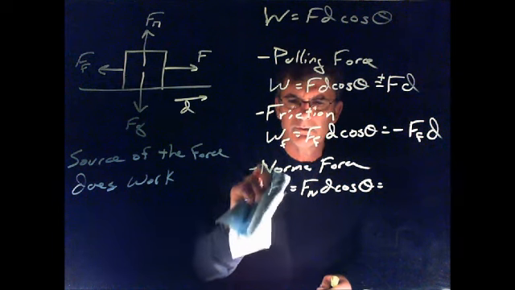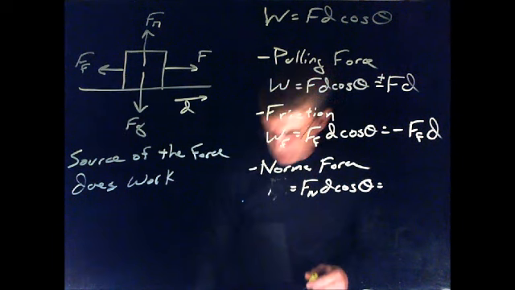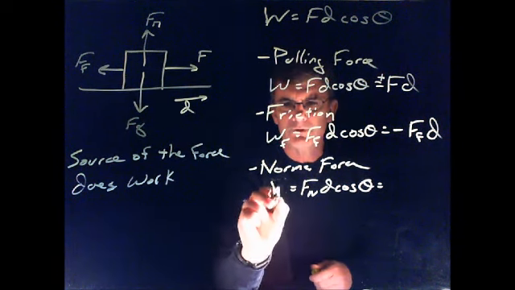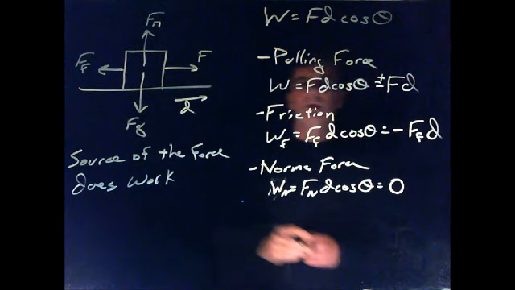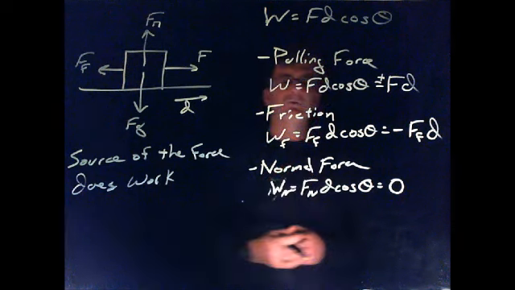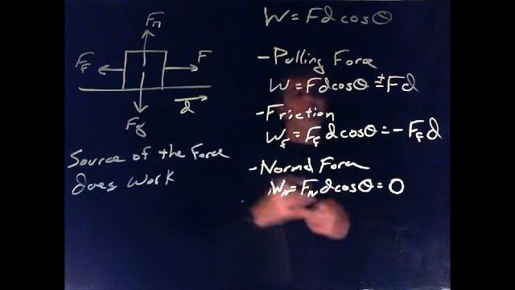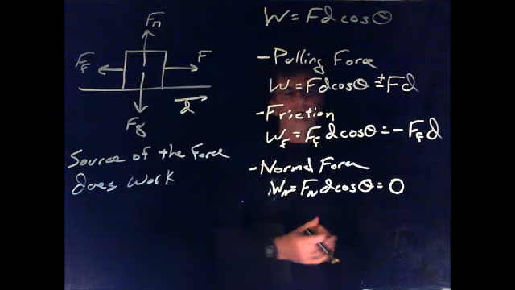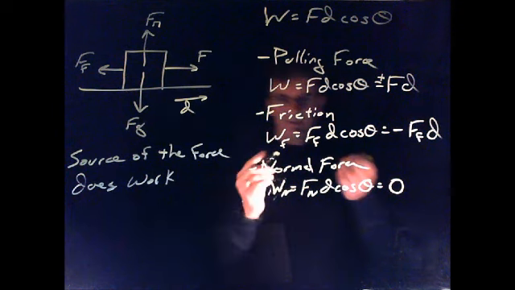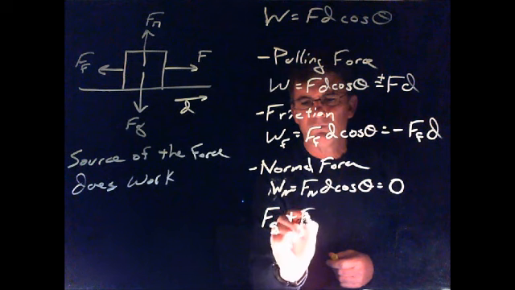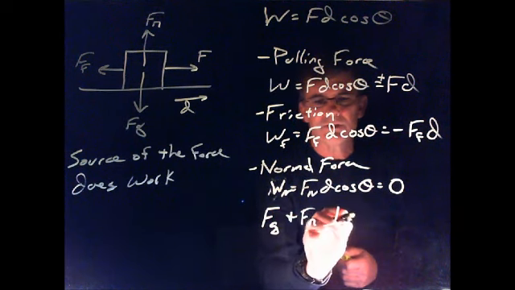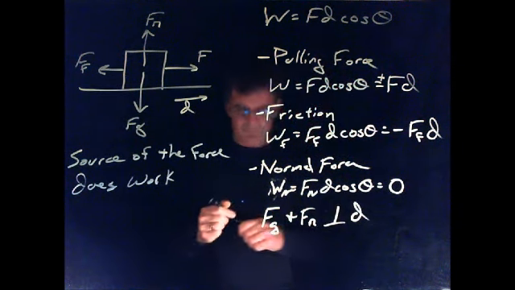This should be work done by the normal force. This is 0, because the normal force, and I can't spell normal, is perpendicular to the motion. Same thing with gravity. So we have Fg and the normal force perpendicular to d, to the displacement, so they do no work.